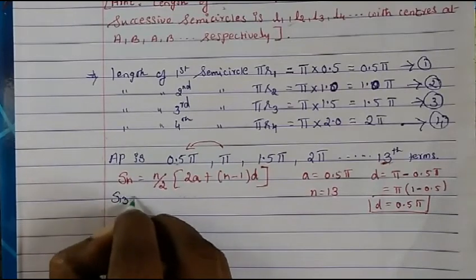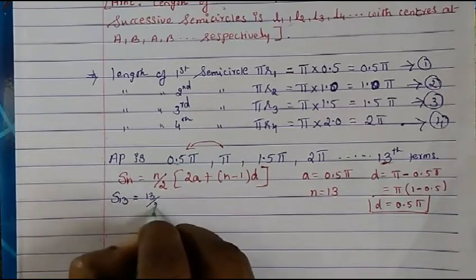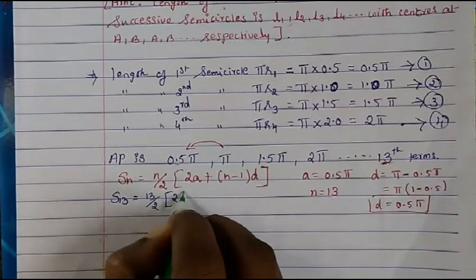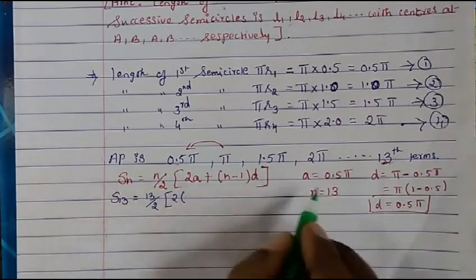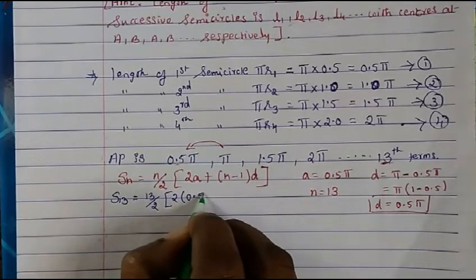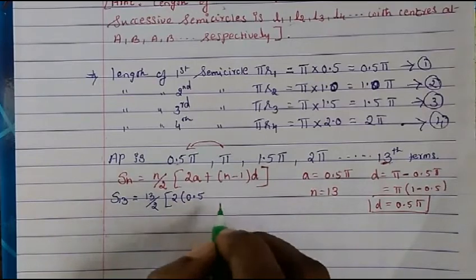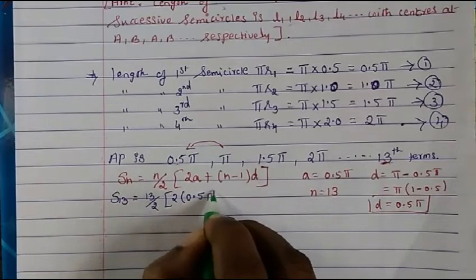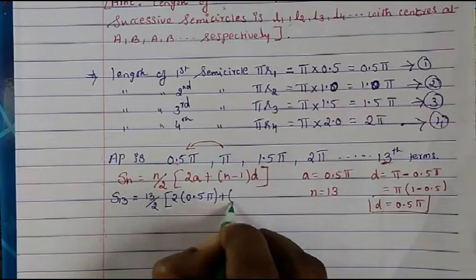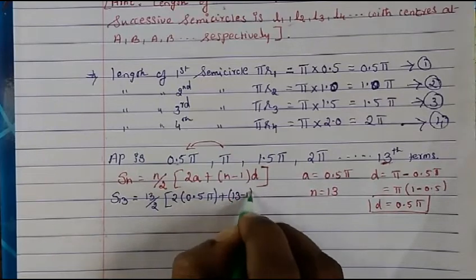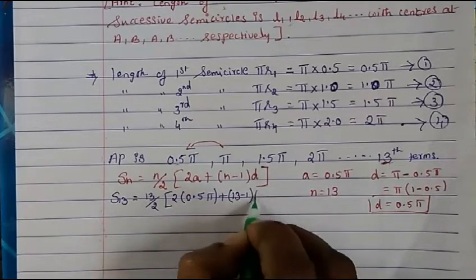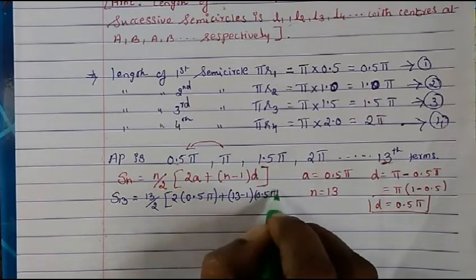S13 equals 13 upon 2, times a, which is 0.5 pi, plus n minus 1, which is 13 minus 1, times d, which is 0.5 pi.